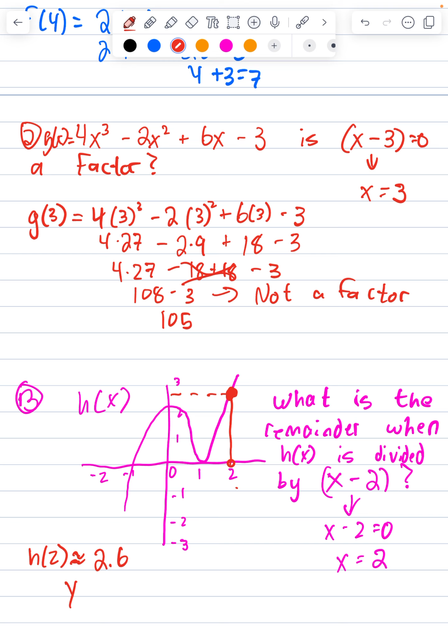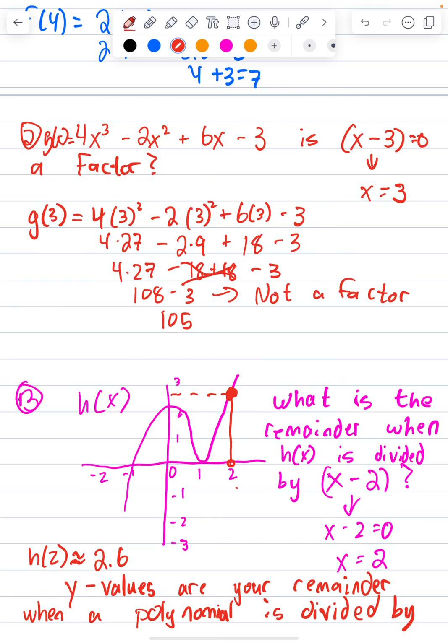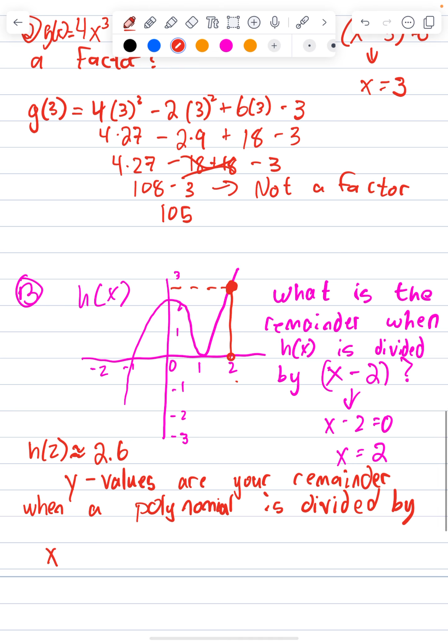So y values are your remainder when a polynomial is divided by x minus c.